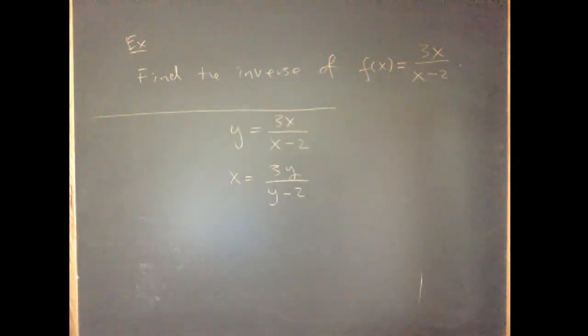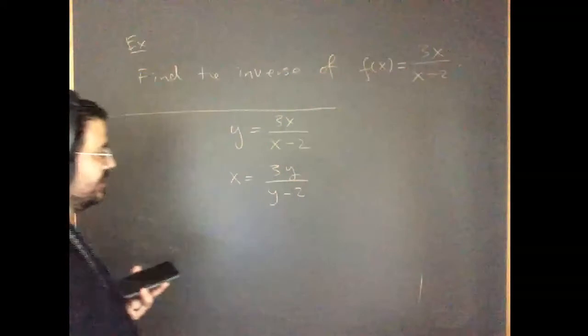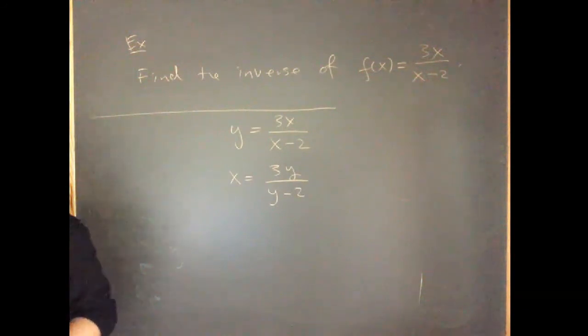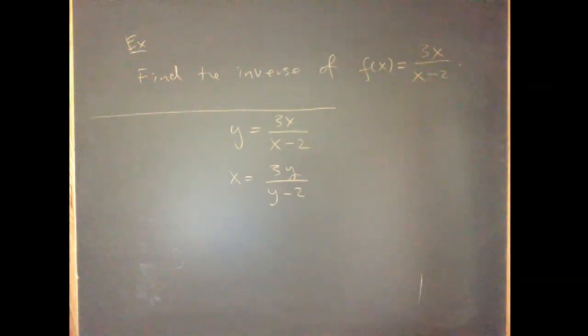And from there, we need to solve for y. So we need to get that y out of the denominator. What should I do to get that y minus 2 out of the denominator? What can I do to both sides of the equation?